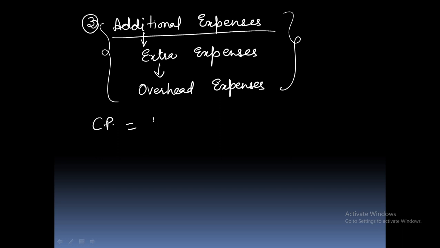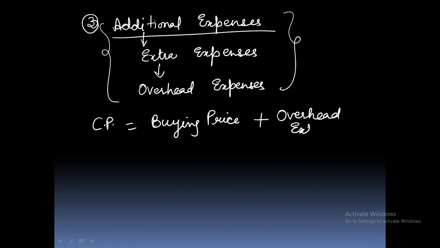Cost price is equal to buying price on which you buy any article plus overhead expenses. For example, you buy any article for rupees 500 and you buy one carry bag for 10 rupees.